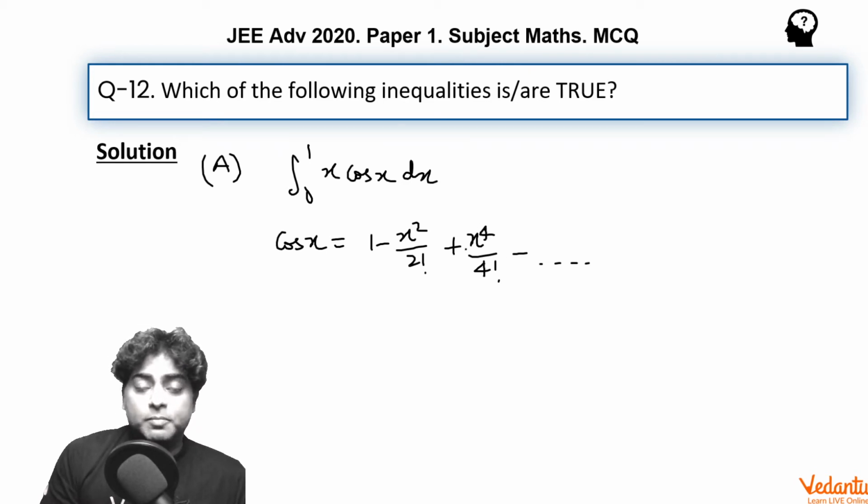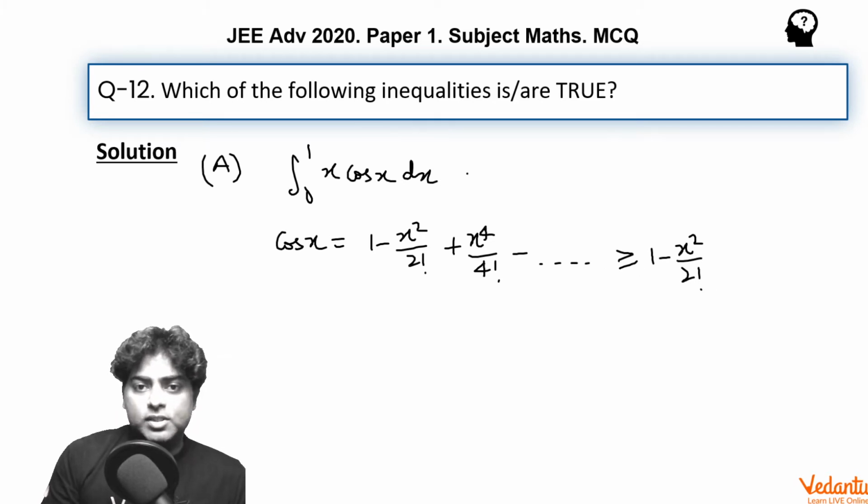Before the third term there is a plus sign. In 0 to 1, if you raise the power, the term gets reduced, and after the second term there is a plus sign and the terms are getting reduced. So I can say cos x is greater than or equal to 1 minus x square by 2 factorial.